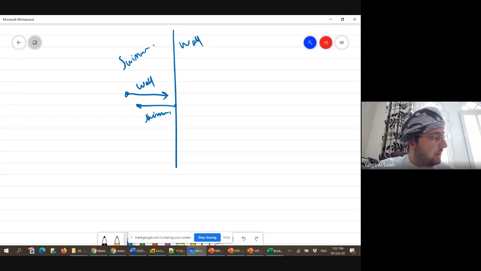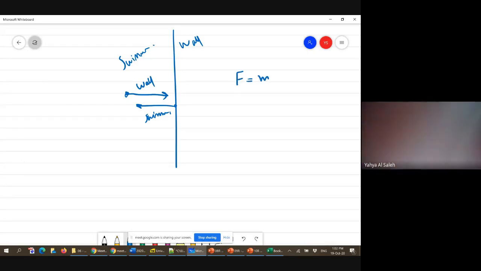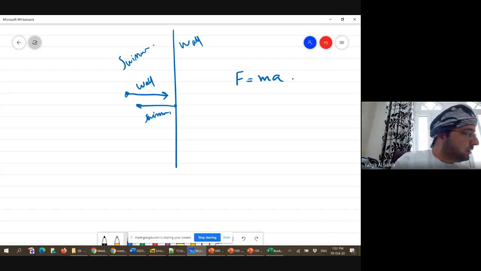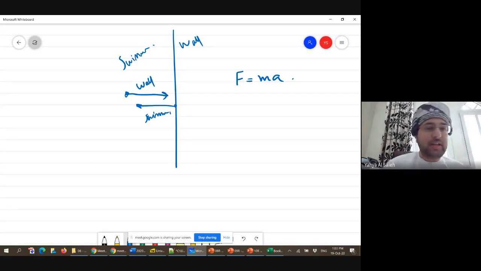But so far, we have been speaking about Newton's second law as F equals ma, correct? There's actually another way of explaining Newton's second law, okay? And this is actually how Newton initially stated his second law, and it is in terms of momentum.